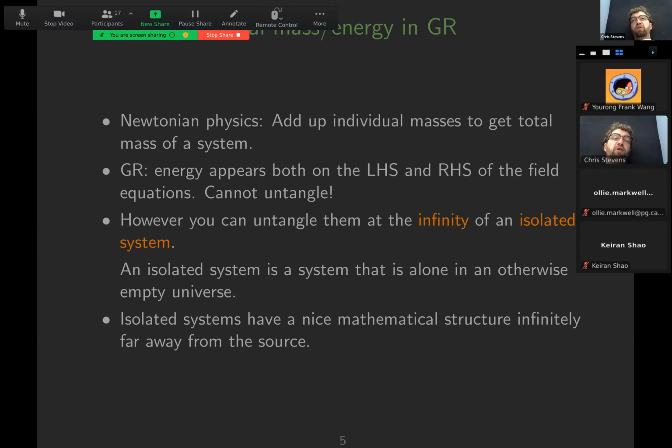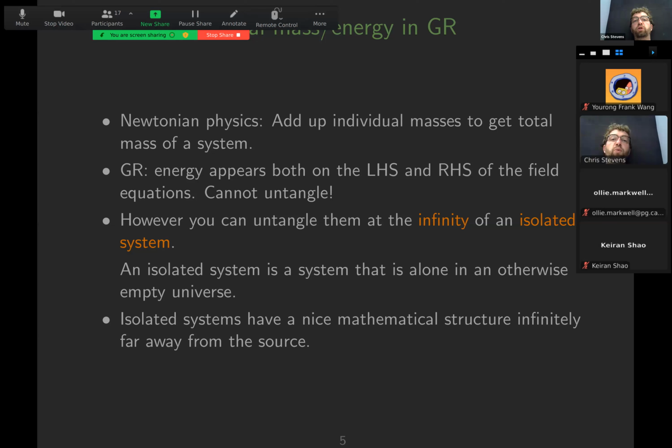How do you then untangle the geometry with the energy from the waves to a fixed background, like in Newtonian physics? Well, you can't do that in general locally.